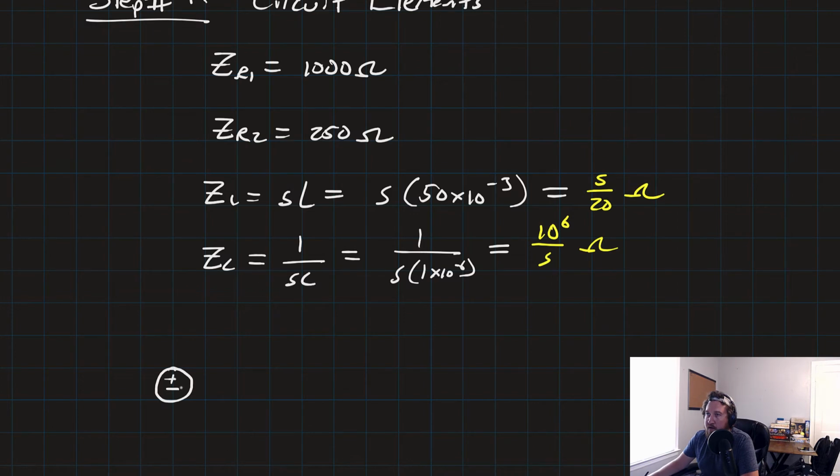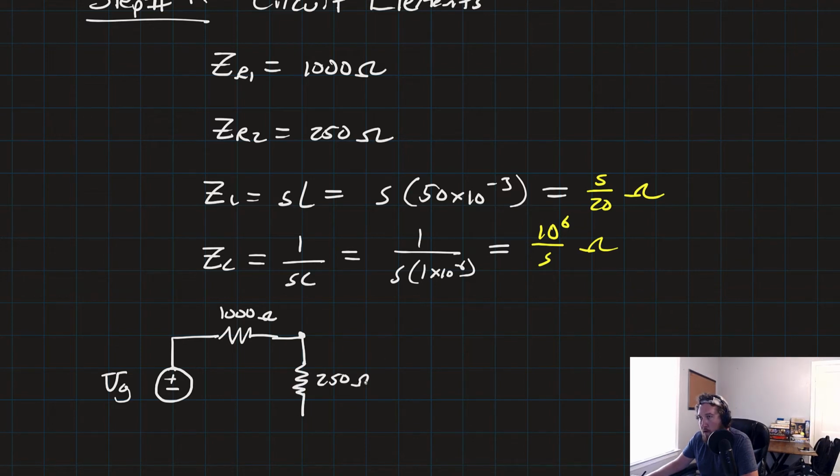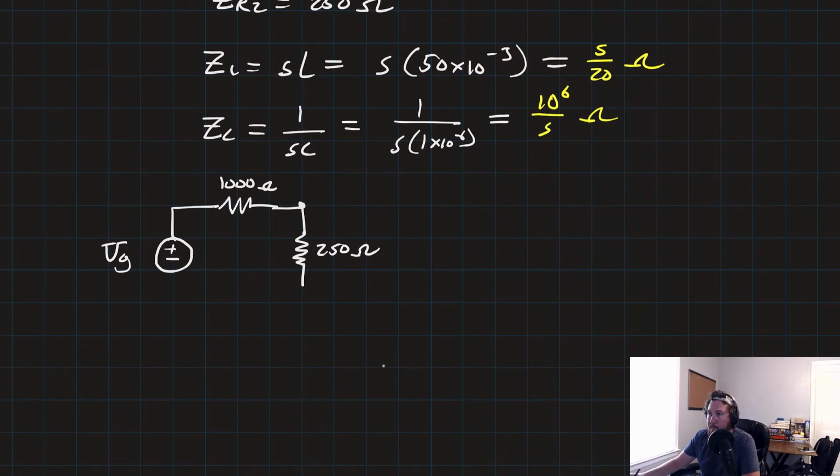So let's see, we've got our big VG source in series with 1,000 ohms connected to 250 ohms, in series with, excuse me, not 5, s over 20 ohms.